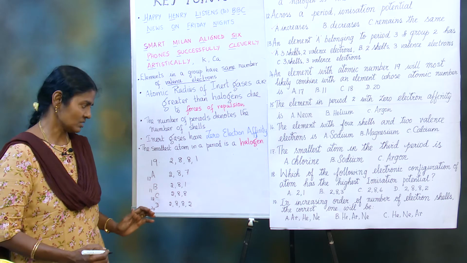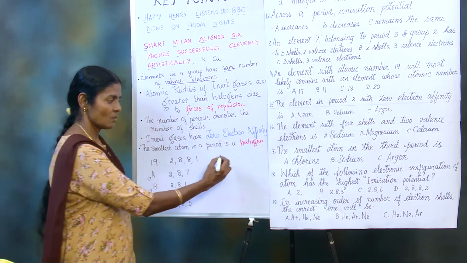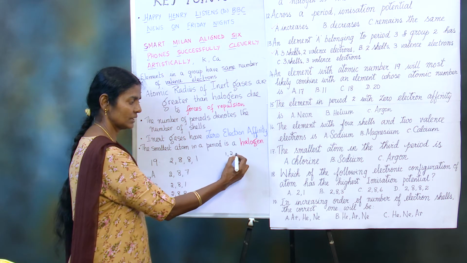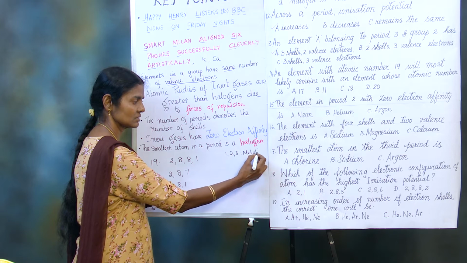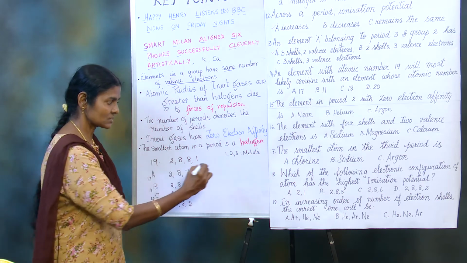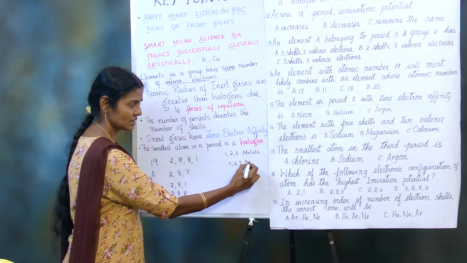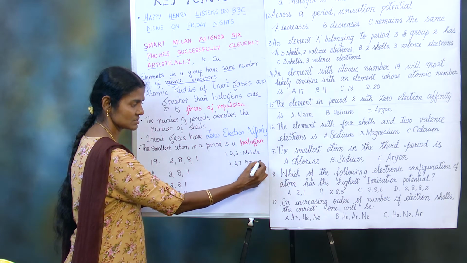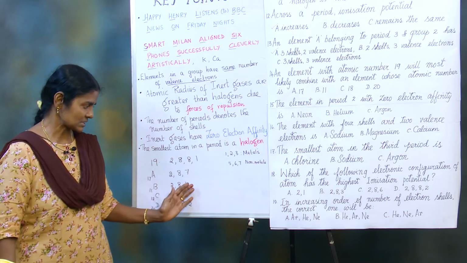Now remember, if the valence electrons are 1, 2 and 3, they are metals. If the valence electrons are 5, 6 and 7, they are non-metals. This we should remember. Now let us come back.